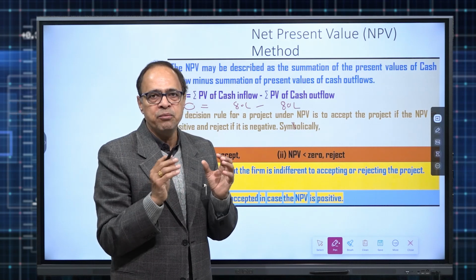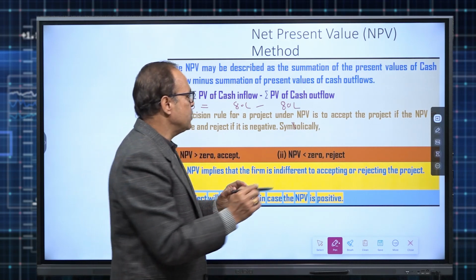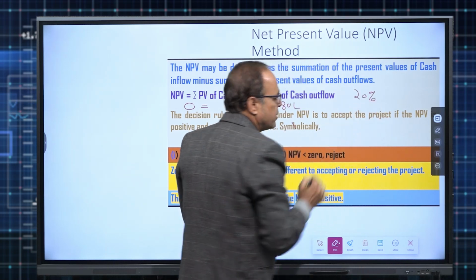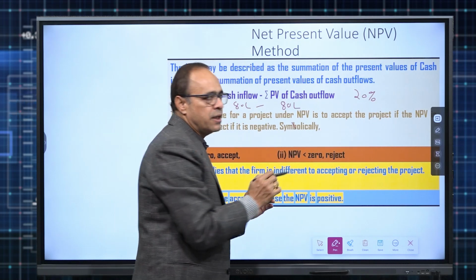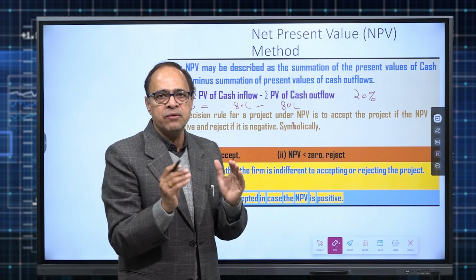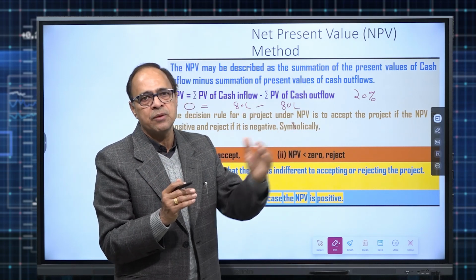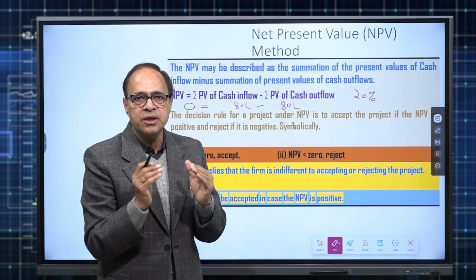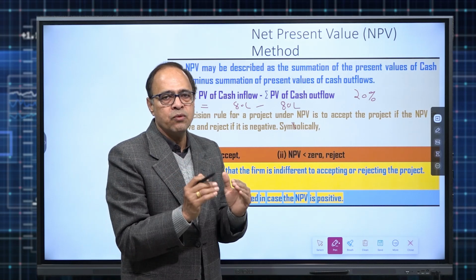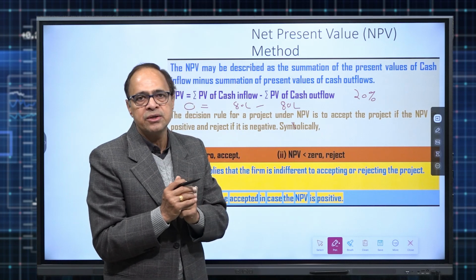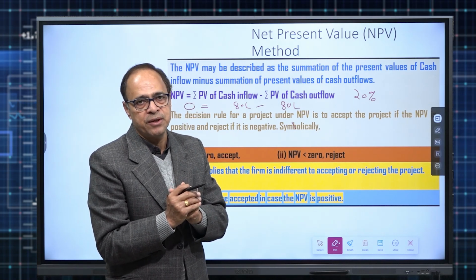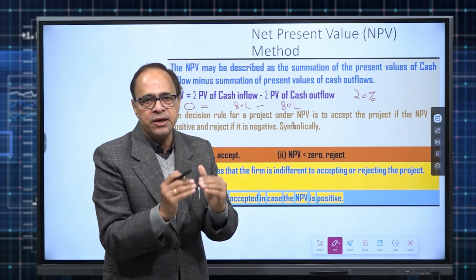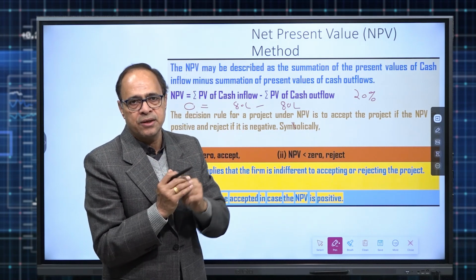Reason being, if you make an investment in this project and you have used a 20% discount rate for calculating present value, that means you are earning a 20% return on your investment year on year till the life of the project. So if NPV is 0, it means your return on investment is equal to whatever discount rate you have used for calculating NPV. If NPV is positive, you will be generating a return more than the discount rate.